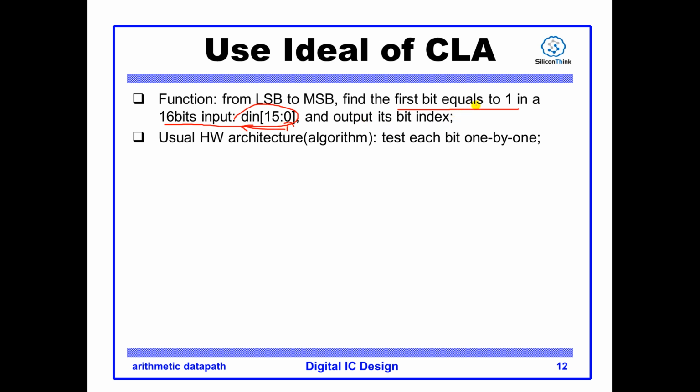If you encounter the first bit equal to 1, you stop there and output the bit index. So the output should be 0 to 15. If all the bits in D are 0, you just output 0. So this is the function.